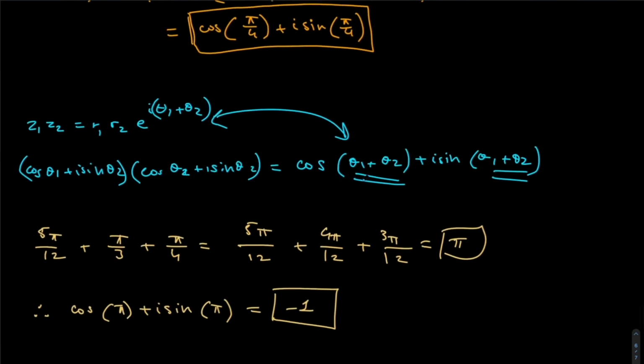Now, what if you had converted to polar form? You would have had something like e raised to the power i pi. And then you know that e raised to the power i pi is a standard result and it's equal to -1. So you would have gotten the same answer here. But what if you didn't have pi? What if you had pi by 3 or pi by 4? Obviously, it doesn't strike as quickly.